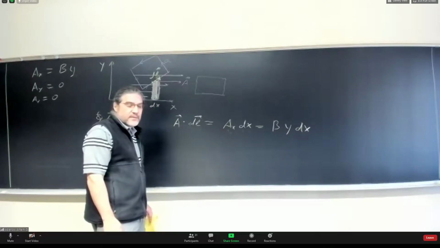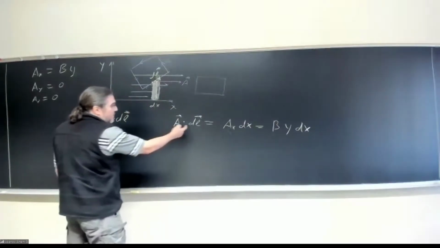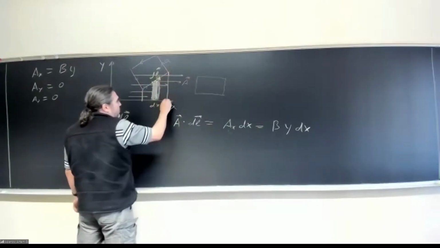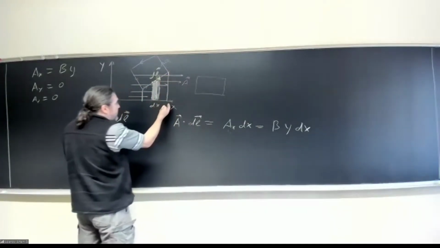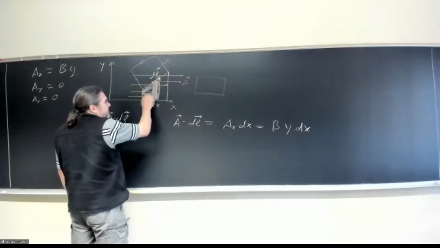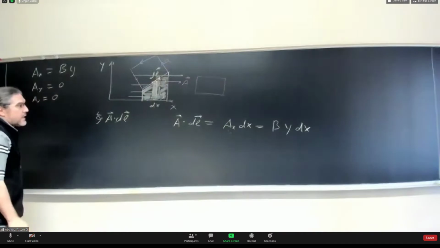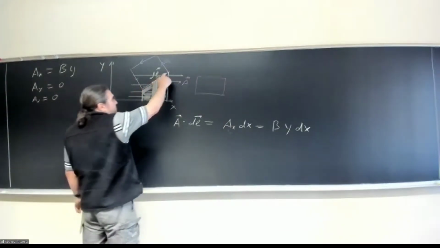Yes. All right. So when I sum over all dl, let's say from here to this point, I will get the sum of all areas. So I will get this area. That will be this contribution.